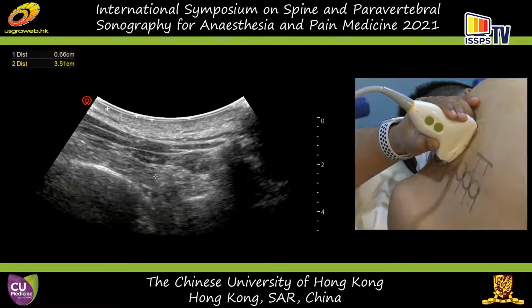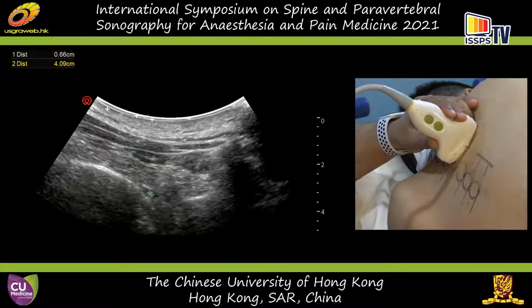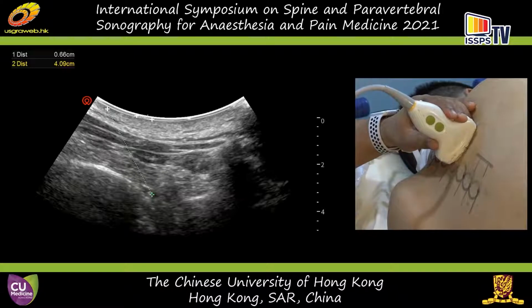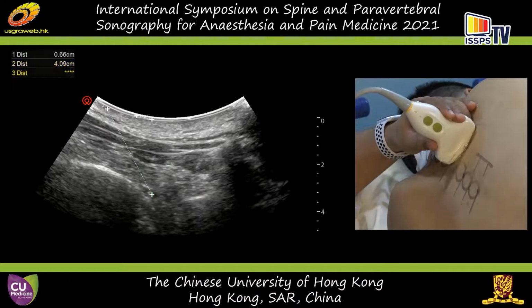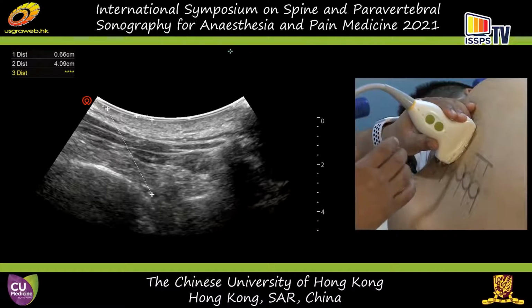Okay, right. So now you can see this is the path the needle would take. You will see it now enter the apical part, we would inject some normal saline, see distension of the space, widening of the paravertebral space, and we would perform the paravertebral injection. So this is indeed your paravertebral injection at the articular process level.